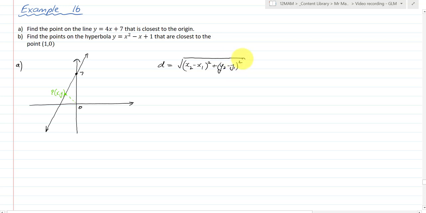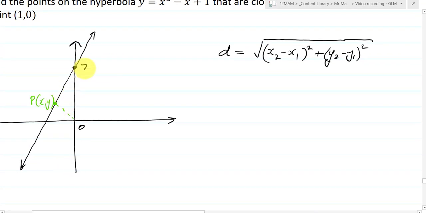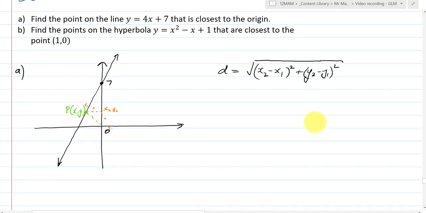But if you don't recall that, remember that the distance formula is really just a bit of Pythagoras. If I use a bit of orange here, this gap is x2 and x1, and this is y2 and y1, and we get the differences here, and then we use Pythagoras' theorem in that right-angled triangle. So the distance formula is just a rearrangement of Pythagoras' theorem. You could probably get there with that.